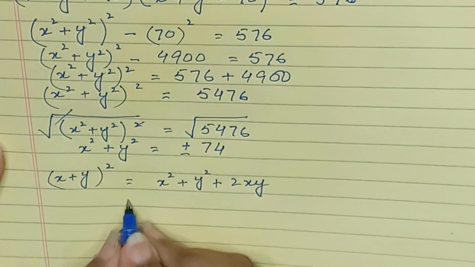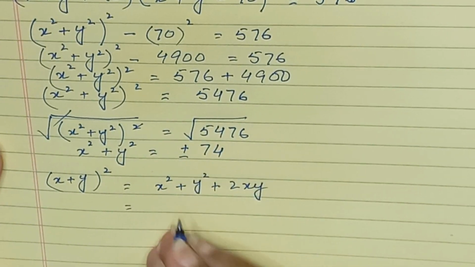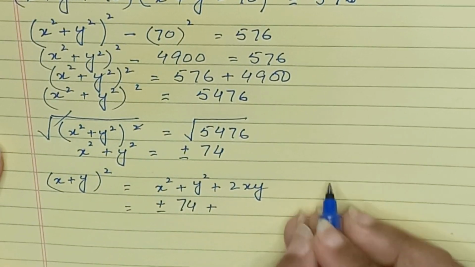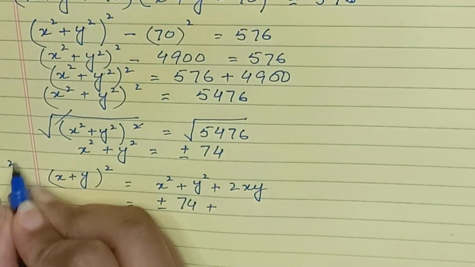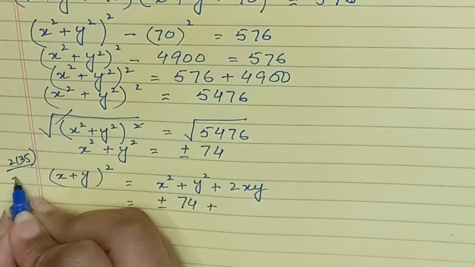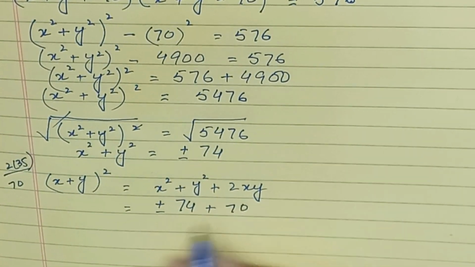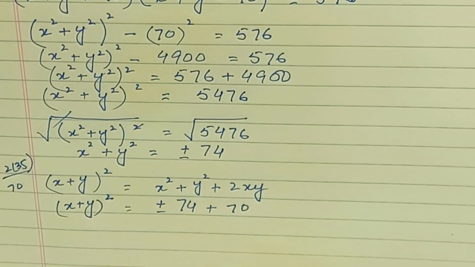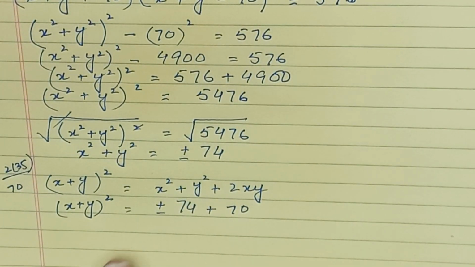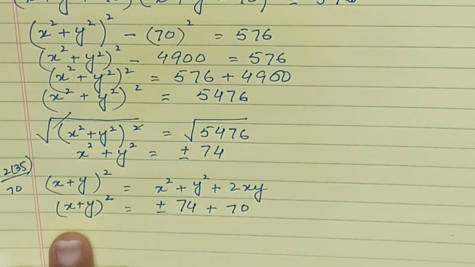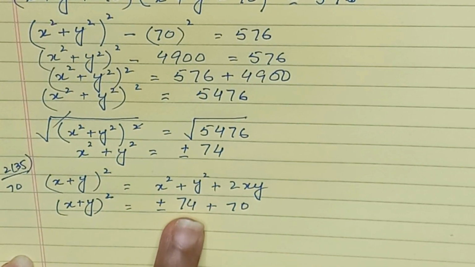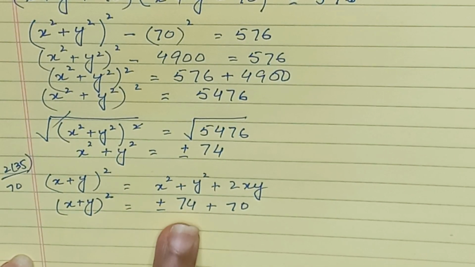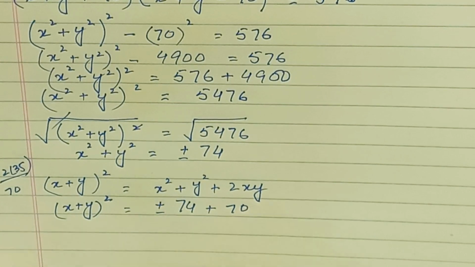So we have the value of x square plus y square, which is equal to plus minus 74, and 2xy means 2 into 35, which is equal to 70. So from here we have two cases, which are (x plus y) whole square is equal to plus 74 plus 70, and another case is (x plus y) whole square is equal to minus 74 plus 70.